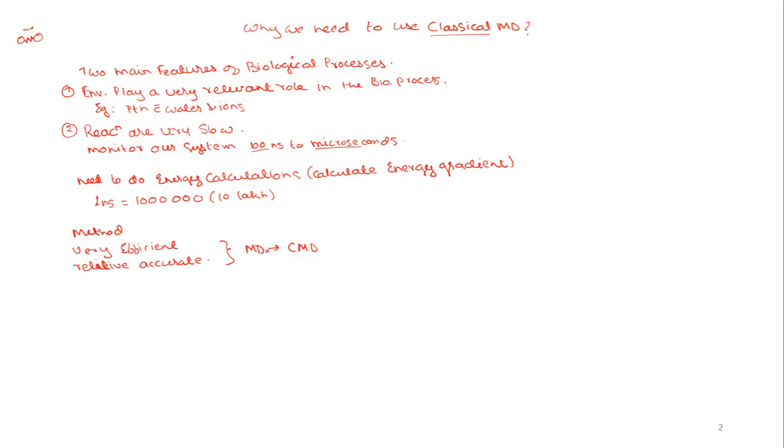We have also seen how classical molecular dynamics simulation can give you insights into how a drug interacts with a protein target, right? So all of these biologically relevant questions can be answered using classical molecular dynamics. That is why we need to use classical molecular dynamics when it comes to simulating biological systems as such.